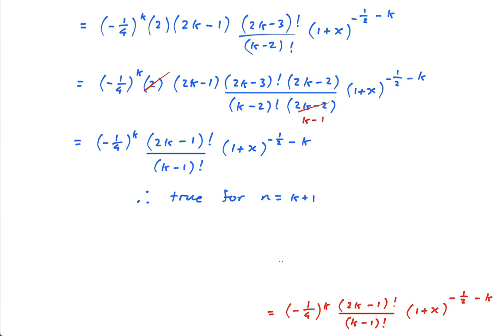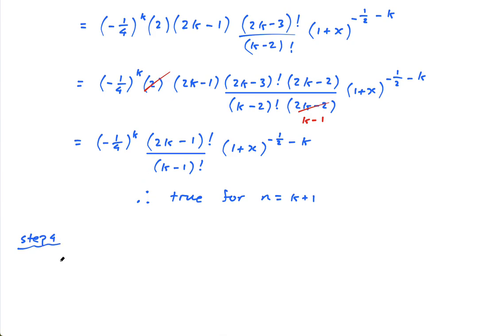I am going to, guys, get rid of this just so I can write my final step. So step 4, don't forget this, guys, for your final mark. I'm going to say it is true for n equals 2. And then if true for n equals k, then true for n equals k plus 1.